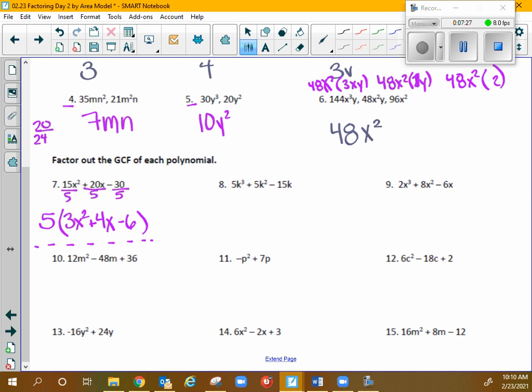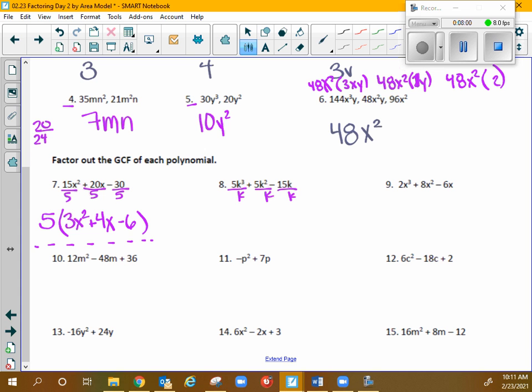Okay. So let's look at number 8. What is the variable that can get pulled? K. There's a k cubed, a k squared, a k. You only have 1 in the last one, so you can only pull 1 from everything. So that's where I'm going to start, is with k. But I also need to look at, right, it's the lowest one that's involved. 5, 5, and 15. 5.